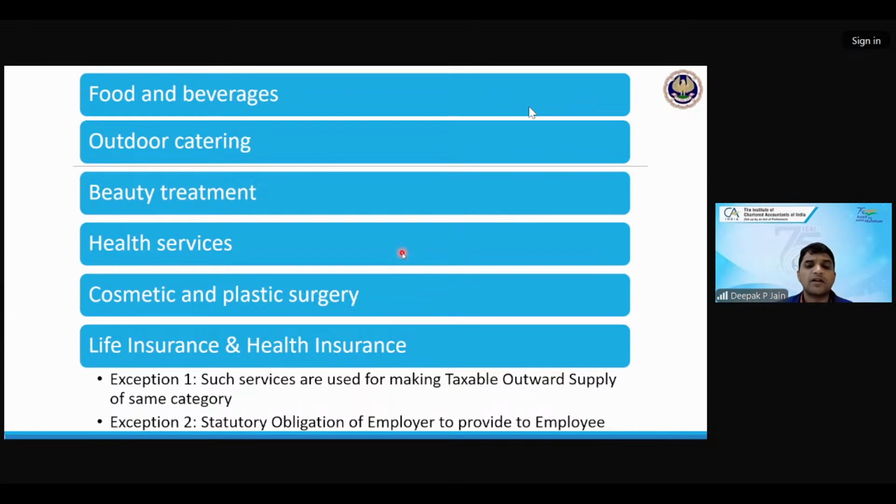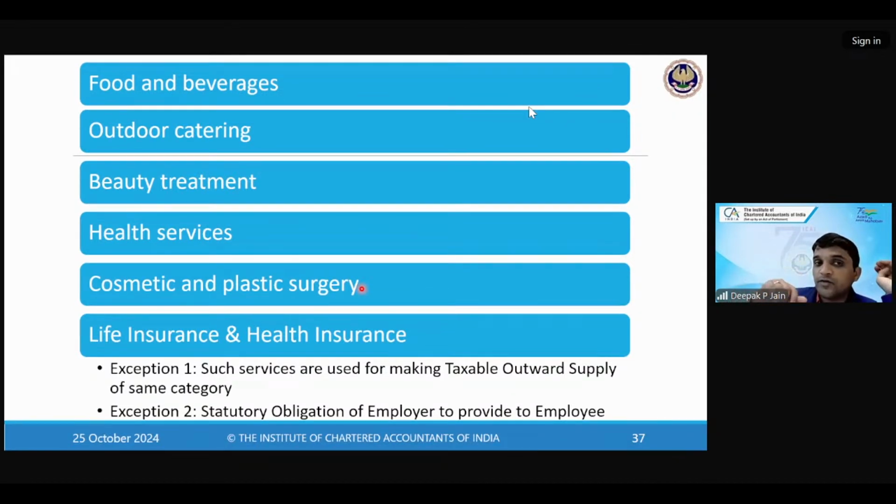In case of outward supply of beauty treatment and plastic surgery services, what ITC will be allowed? If anybody is providing beauty treatment services, then a beauty treatment credit is not available in general. But if you are a parlor, then you will get the credit of beauty treatment, wherein you are engaging somebody else to do a beauty treatment where you are not available, because you are in the same business.